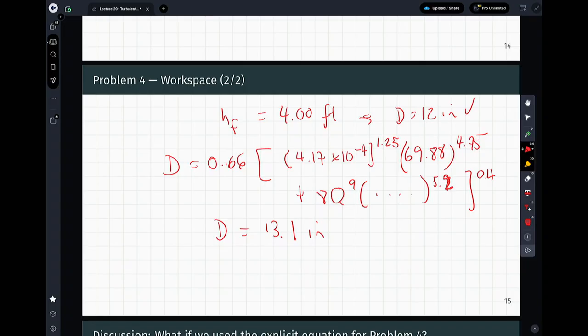And the error is coming about because of this Q to the 9th term. So if I take it all the way through and run all my calculations for all of these terms, I get to the precision of my calculator, and my error starts to go by 10%. And there you go.